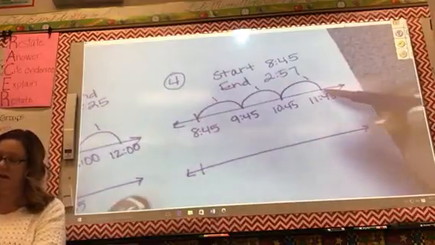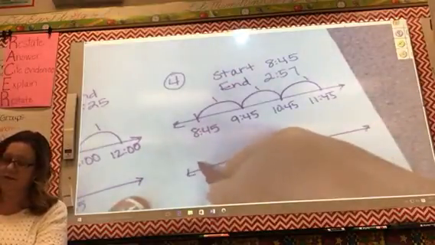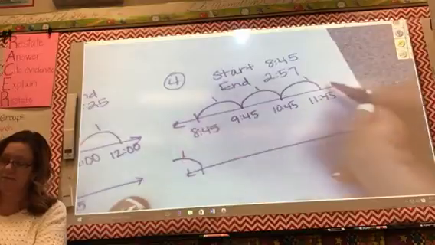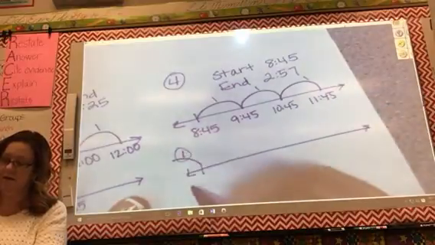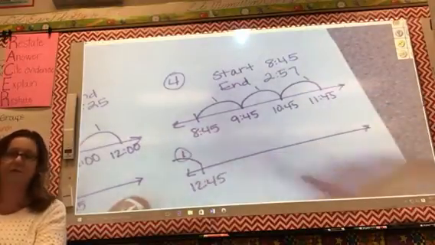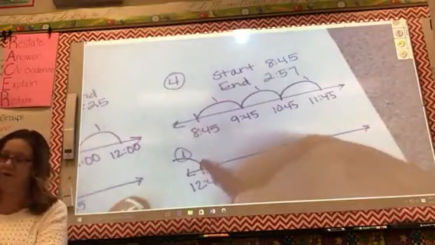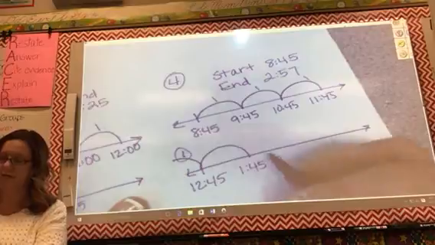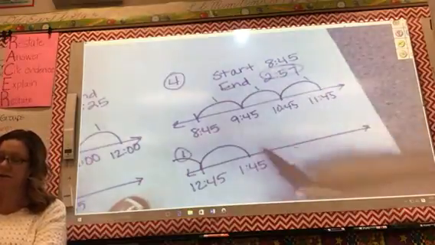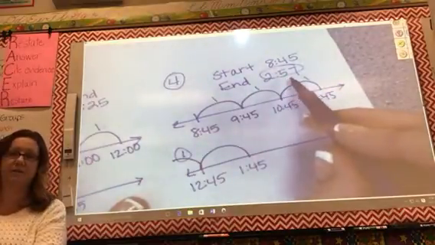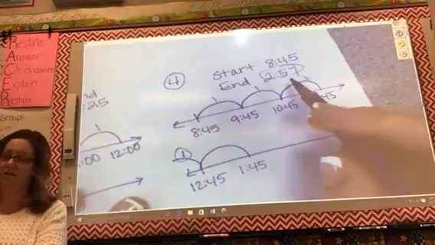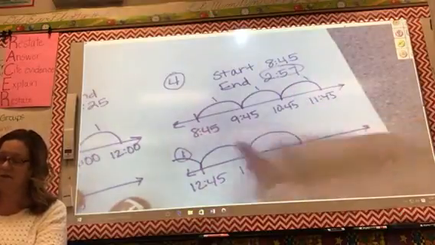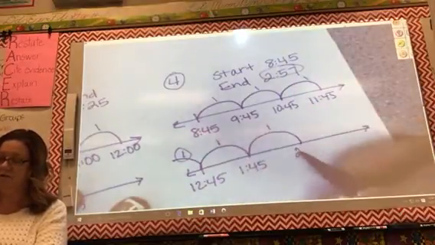An hour from 11:45, I'm going to make my bump go this way so I don't forget that hour there, is 12:45, right? 12:45 for another hour is 1:45. I need to keep my end time in mind. Do I have time to do 2:45 or is that too late? I have time. So I'm going to bump one more hour to 2:45.